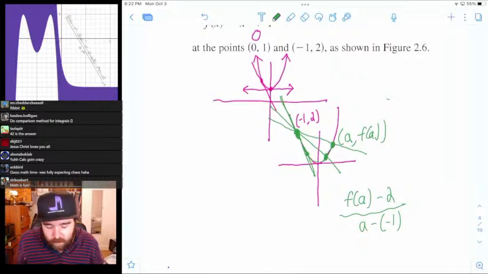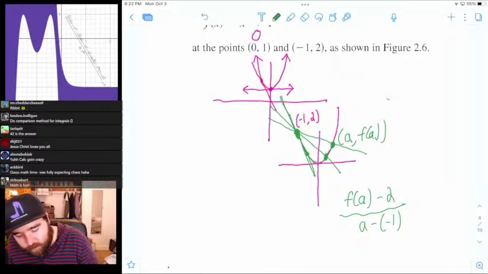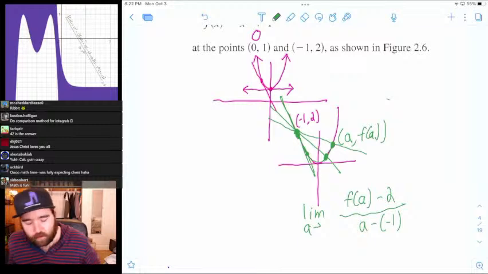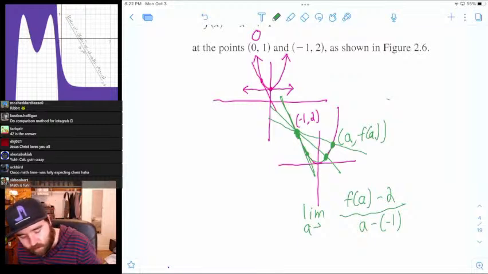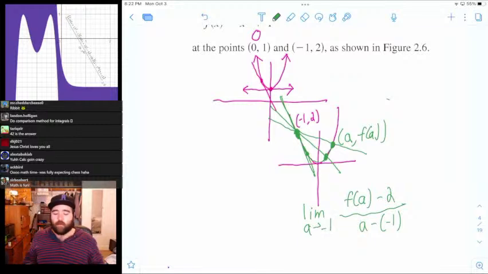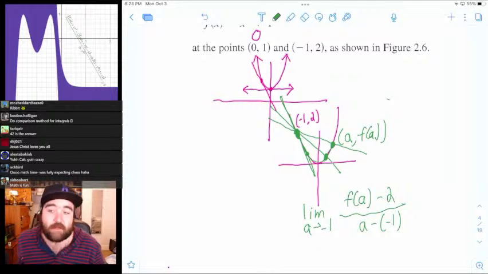That's the whole idea here. So we're going to take the limit as that a value gets closer and closer and closer to the point that we care about, -1. And that's the idea of the derivative. That's really the whole definition of the derivative.